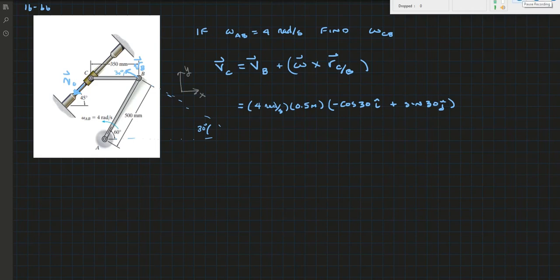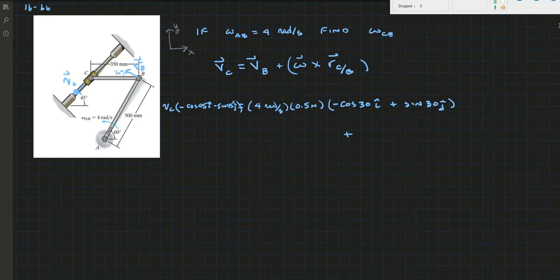Okay, that's our velocity of B. Let's look at C now. We don't know what the velocity of C is, but we could take the magnitude of C and multiply it by cosine of 45 degrees i minus, so these are both minus, sine of 45 degrees j.